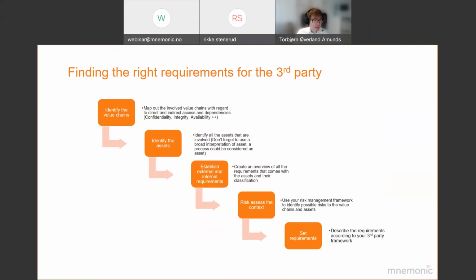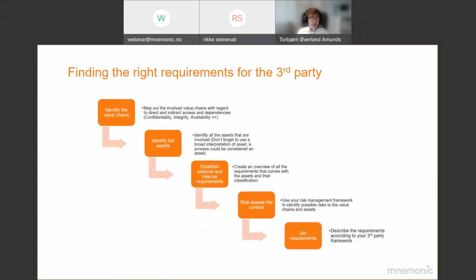Hopefully you can read some of the small black text, but identify the value chain is basically looking at what we are giving the third party. Are we establishing something new, or is it something old that we had before? And how does it hit our value chain, directly and indirectly, with regard to which kind of access they get to our assets, or what dependencies affect this in some way?